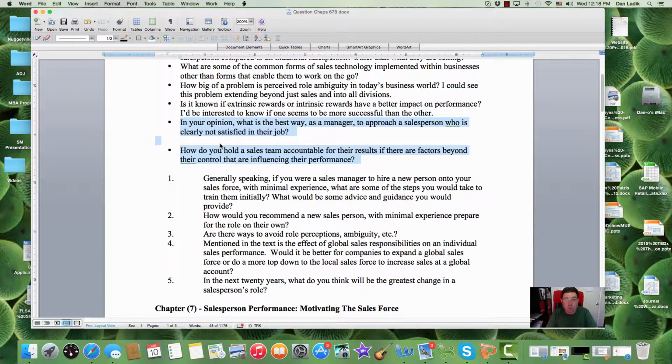If these salespeople are 100% of our revenue, and we have someone that's clearly not satisfied, or we have a team and there are factors beyond their control, and quarter after quarter or year after year they keep saying the factors are beyond their control, maybe it's time for some fresh blood to come in. When do you make that decision? How long do you wait? Some firms don't wait at all. They won't even give you a year. You figure it out or they move on.